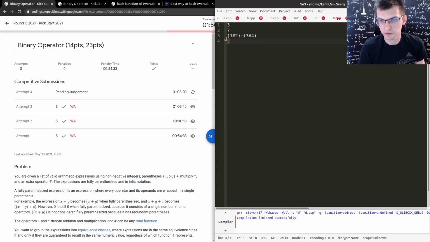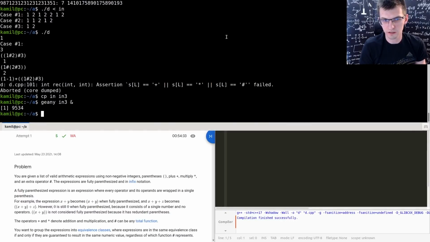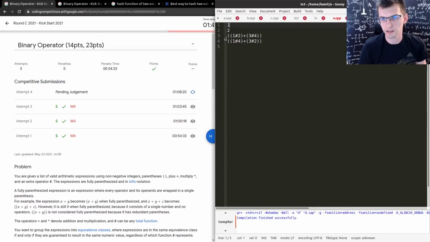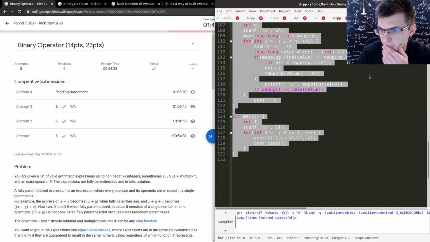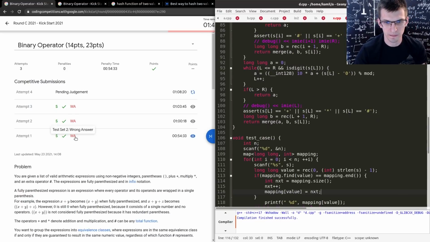And compare this with 1 hash 4 versus 3 hash 2. I believe my program will think that they are the same. They are not. They are not at all.